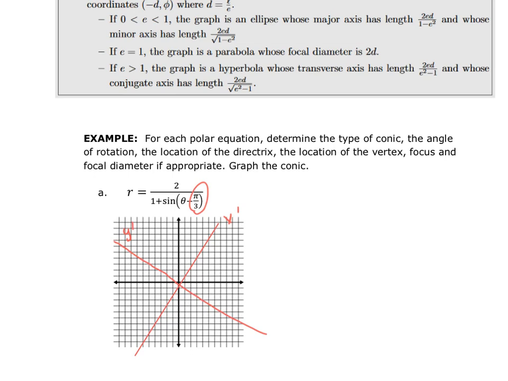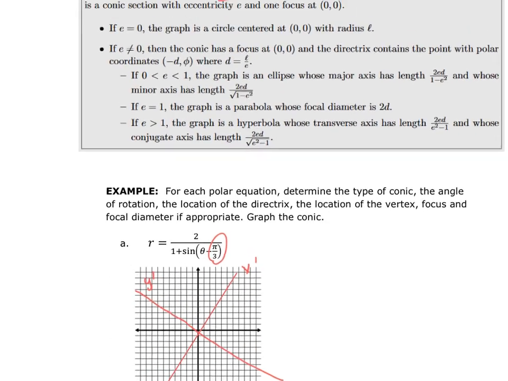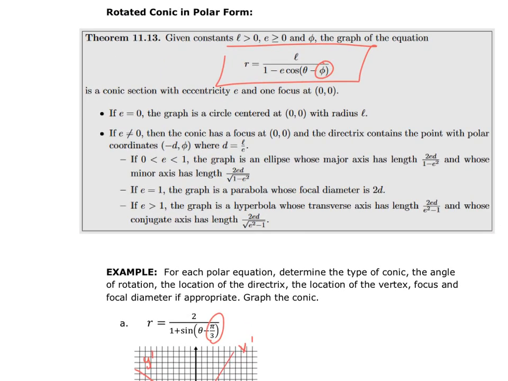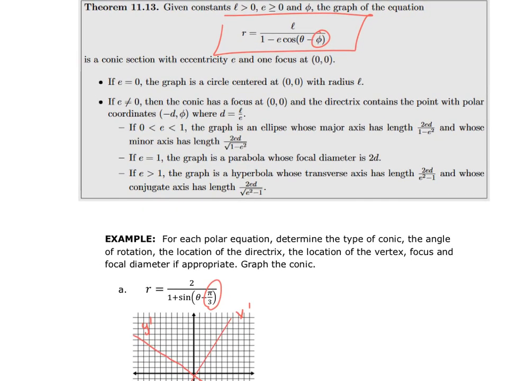All right. So we look up above at how this is defined, and it's still going to be a sine. So if it's still a sine, that means that my directrix is running perpendicular to my x-axis. And so we have a rotated conic. I still have my E. E is equal to 1.